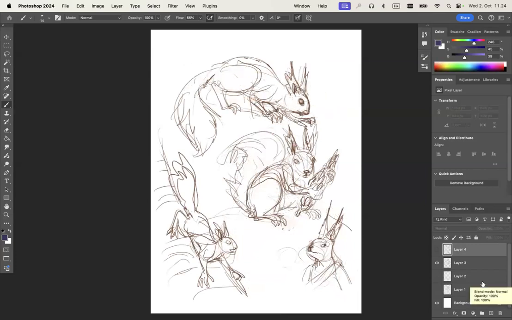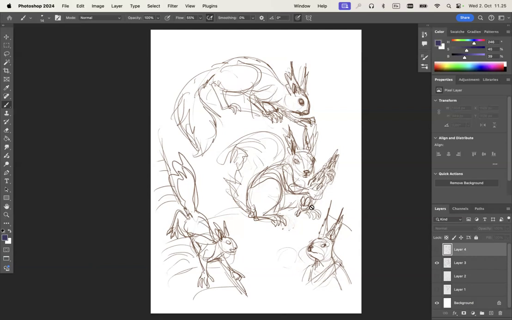Okay, here you can see that I was going a little bit more in the direction of humanizing or anthropomorphizing the characters, but still keeping it as a squirrel so that it can be weirdly positioned in trees.